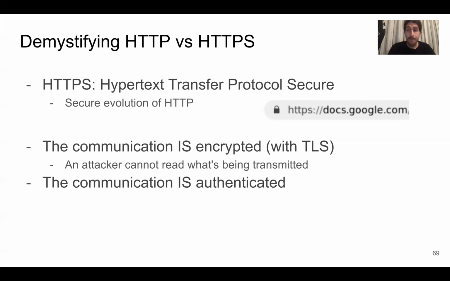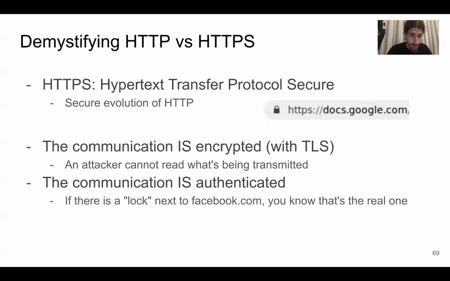And the other very important point, which again, depending on the context, may be more or less relevant, is that the communication is authenticated. What does it mean? It means that if you see a lock next to facebook.com, or if you see a lock next to docs.google.com, you know that you are actually talking to facebook.com or docs.google.com. You're talking to the real docs.google.com or the real facebook.com. Okay, that's extremely important.